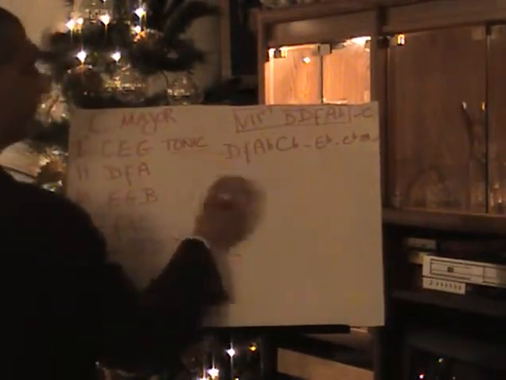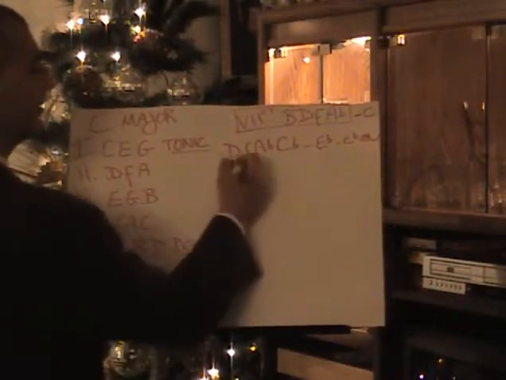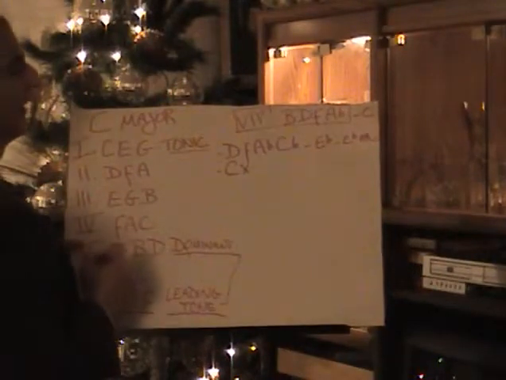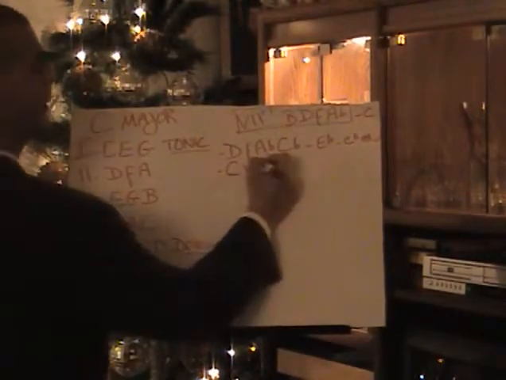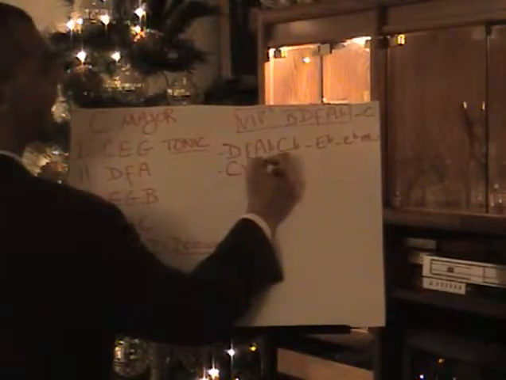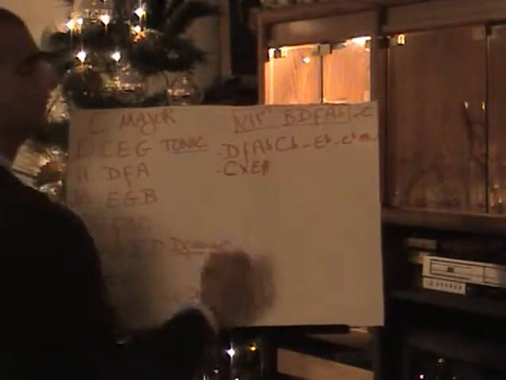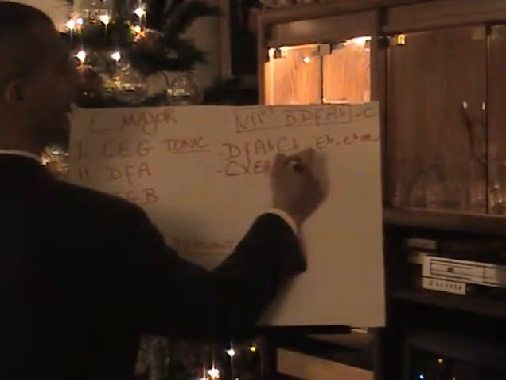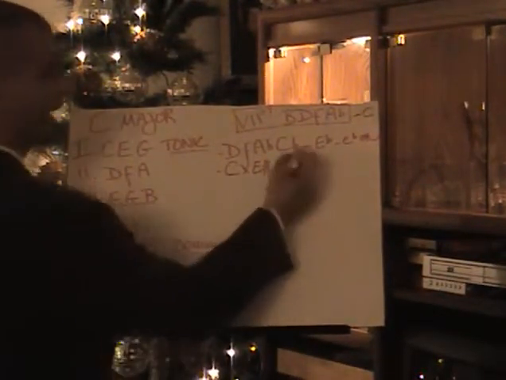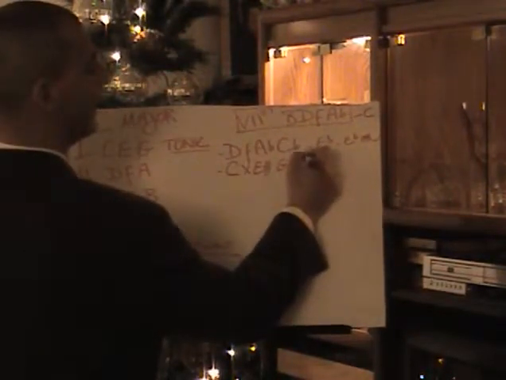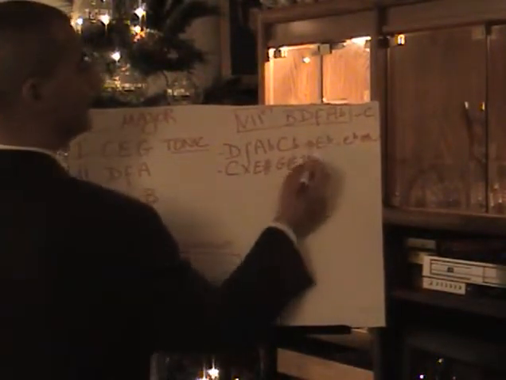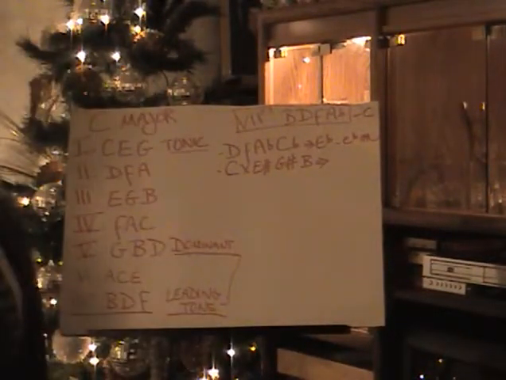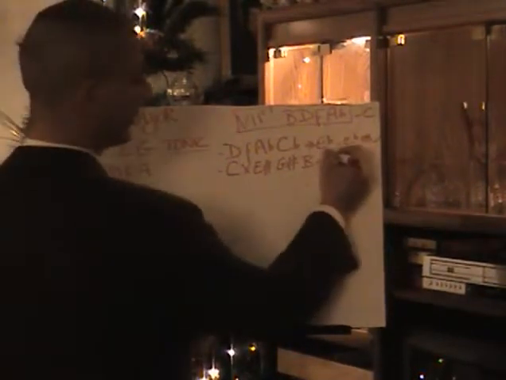Let us respell the same chord again. Instead of D, let's call that a C double sharp. We can respell F as an E sharp, A flat as a G sharp, and C flat as a B. Now that would be the leading tone of the key of D sharp minor.